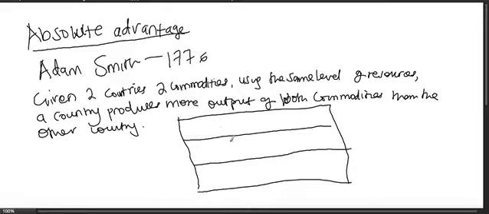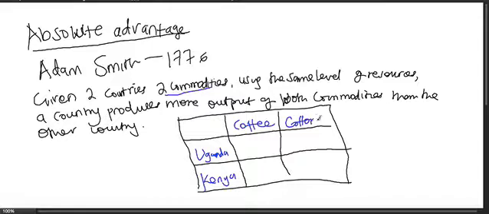I'm dedicating this video to A-level students in Uganda, so I'm going to basically use Ugandan examples. So let's say we're talking about Uganda. We're assuming two countries: Uganda and Kenya, and we are assuming two commodities as well. The two commodities we can use are coffee and cotton.